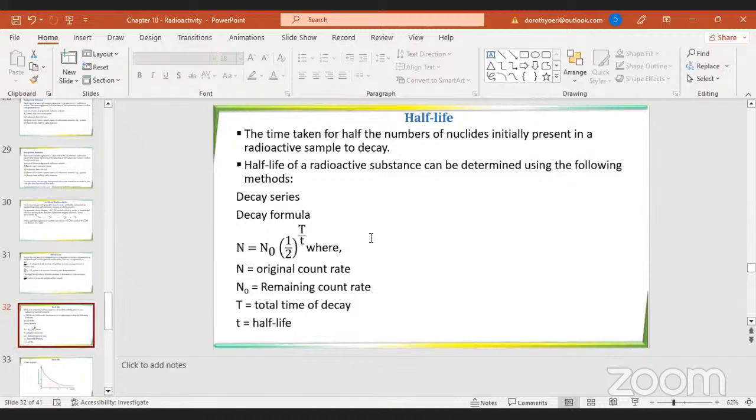But before I look at the equation, the one I normally use is easier than that one. Let me use this. If the number of nuclides you have at a time is maybe 10, half of 10 will be 5.